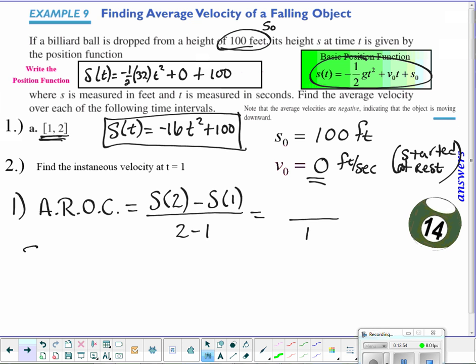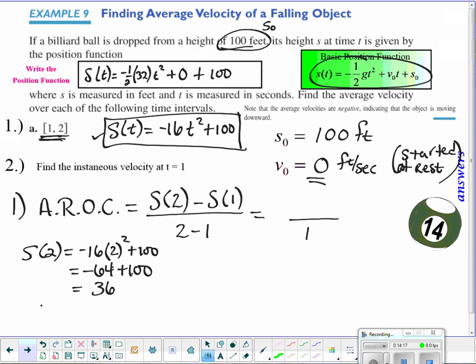Let's just go calculate what s of 2 is. Let's put in 2 into our homemade position function, -16 times 2 squared plus 100. That makes 4 times -16 is -64 plus 100. We pick up 36.